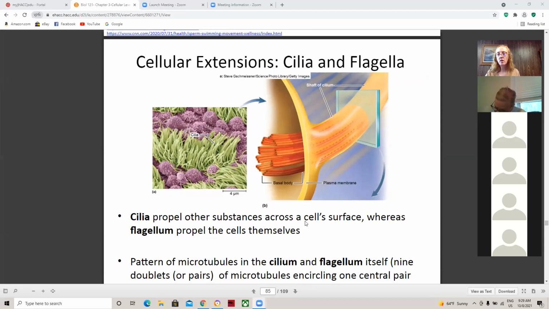Cilia will propel other substances across the cell surface, whereas the flagellum propels the cell itself. So cilia allow things to move across the cell surface, and a flagellum allows the cell to move itself.